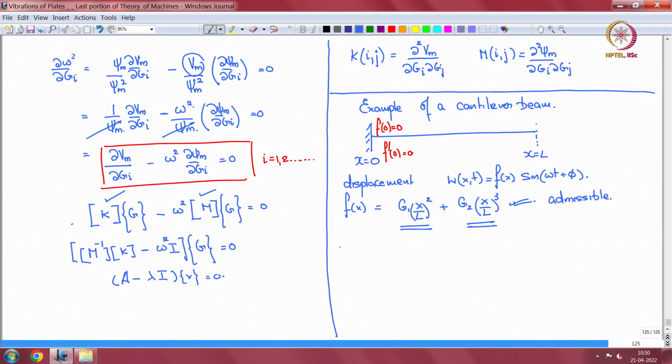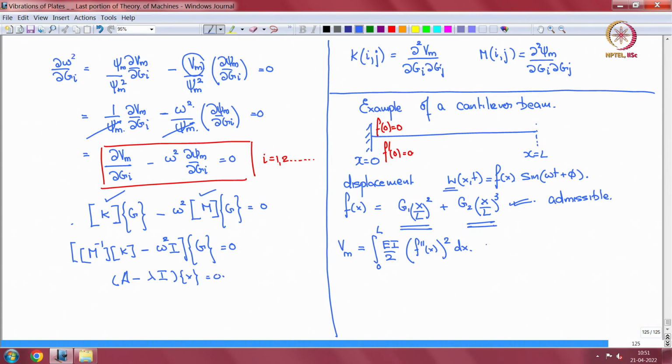Now what is V max? V max is integral 0 to L, E I by 2, f double dash of x whole square dx. It comes from del 2 w by del x square.